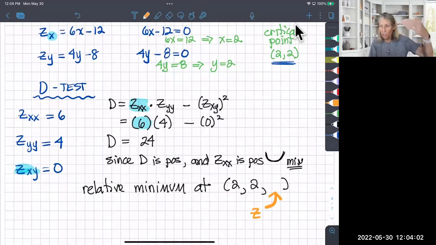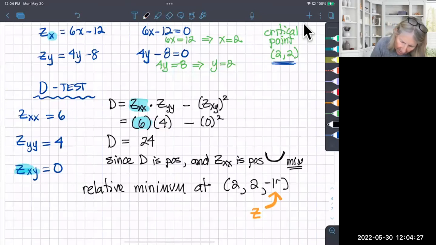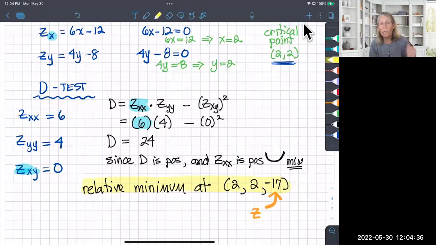So we're going to plug 2 and 2 back into that original to get the z value. So do that. It looks like our minimum value should be negative 17. So the relative minimum is at (2, 2, -17). Or you can say the relative minimum is negative 17, and it occurs at (2, 2). That's a different way of saying it.